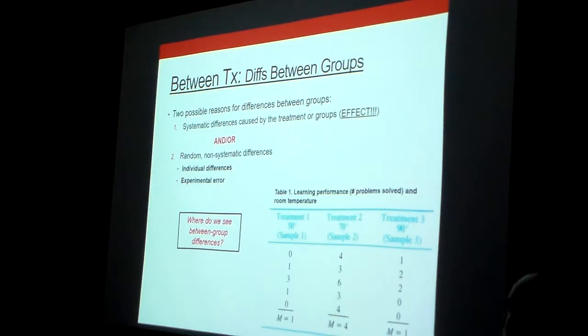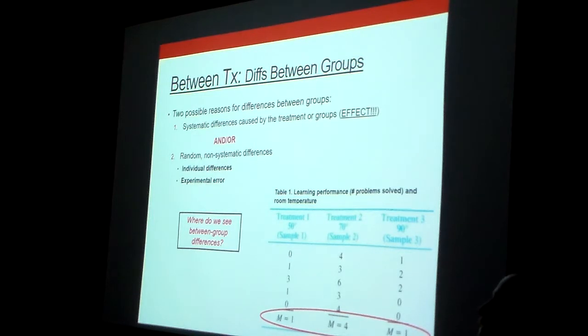Okay. So where do we see between group differences in this table here? Morgan, where do we see our between group differences? Means? Which means? Obviously there's none between treatment 1 and 3. Yeah, there is between 2 and 1 and 2 and 3. Right, so down here, and this is our between group differences, right?